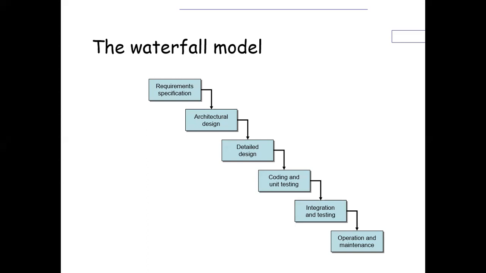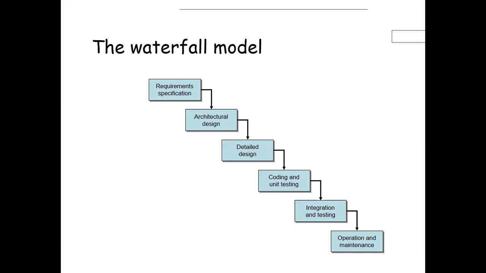The next activity in the waterfall model of the software process is detailed design. The detailed design is a refinement of the component description provided by the architectural design. The next level is coding and testing. The detailed design for a component of the system should be taken and implemented in some executable programming language.